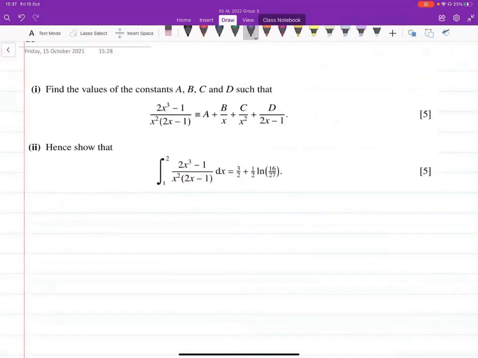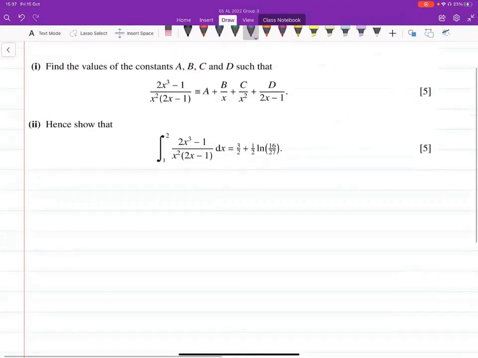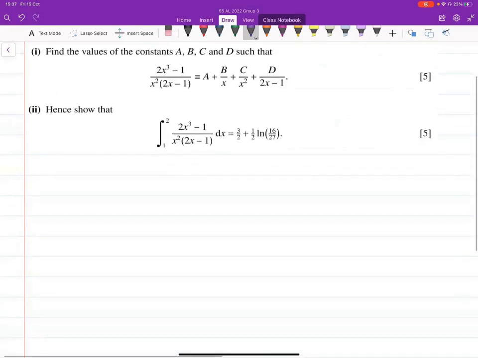Okay, question number 19. So what do we have in the first part? Partial fractions आप लोग कर सकते हैं, right? A, B, C, D की values निकालनी है. What do we get for that? A is 1, so that's 1 plus B, 1 plus 2/x, 1 again, 1/x square, minus 3/2x minus 1.